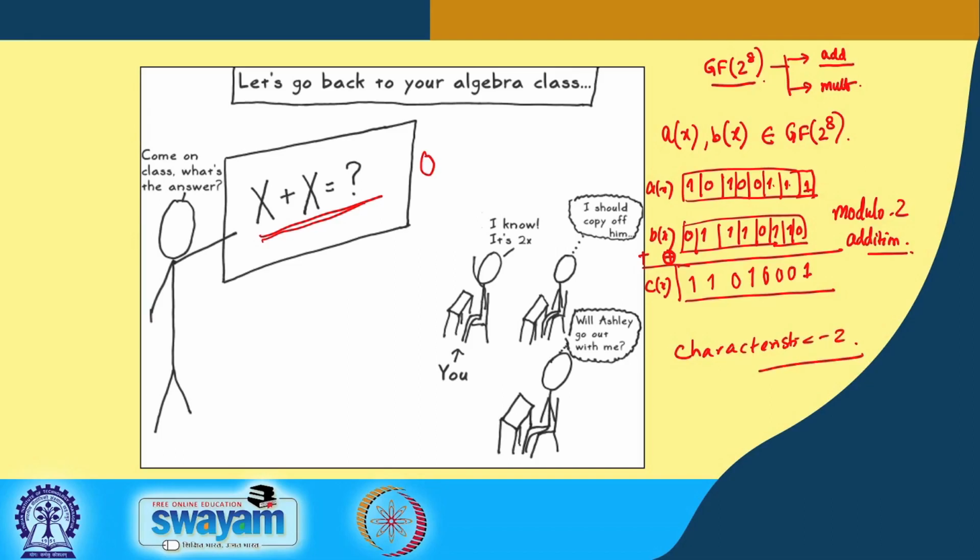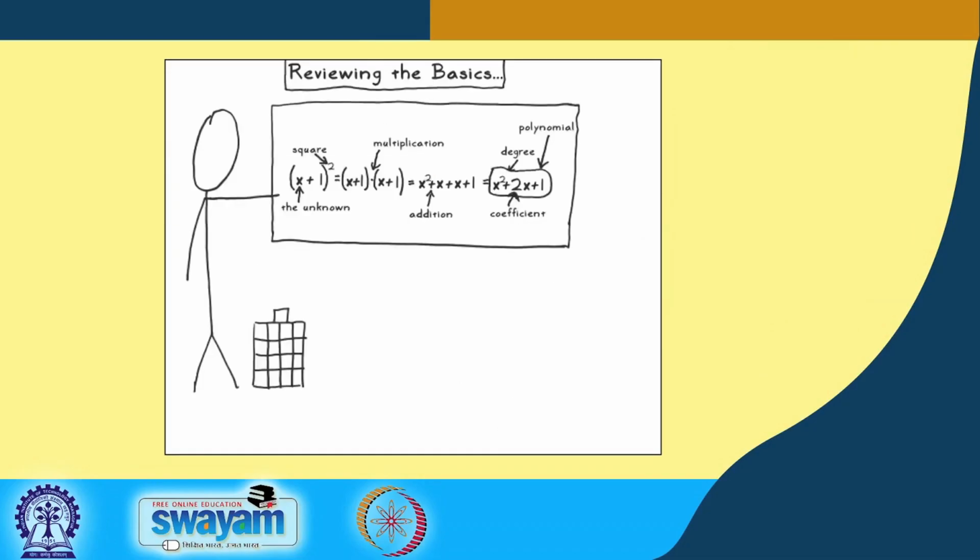Now let us see the implication of this. Let me take an example of an element of GF(2^8), which is 0 0 0 0 0 0 1 1. What is the polynomial representation of this?